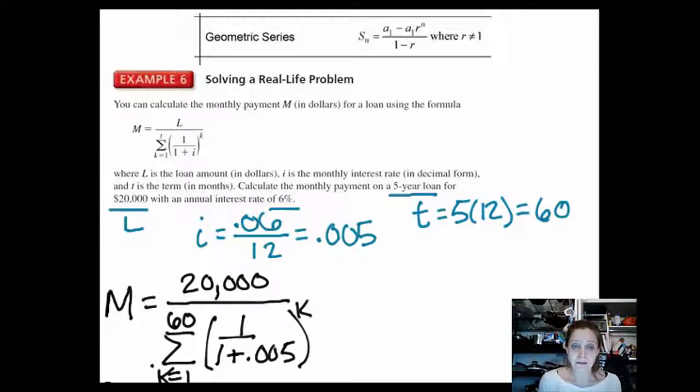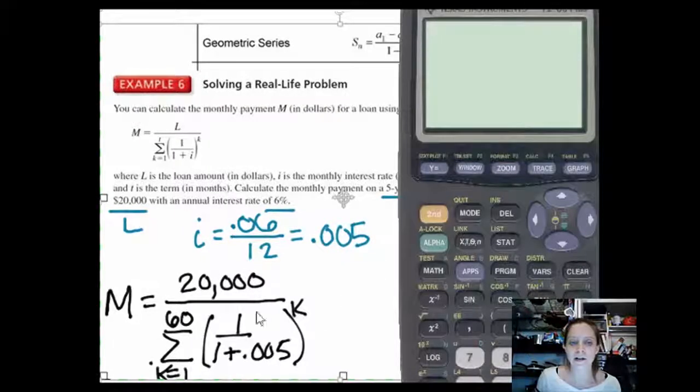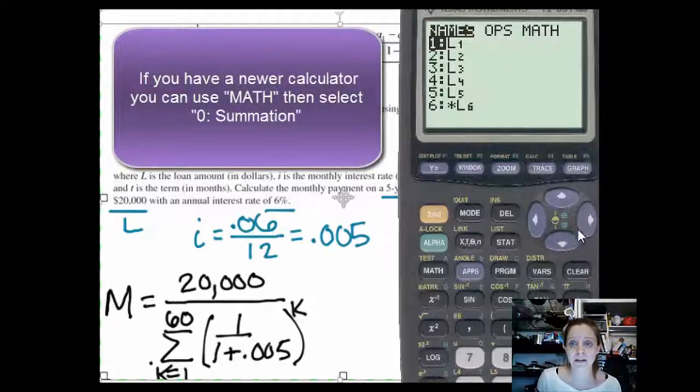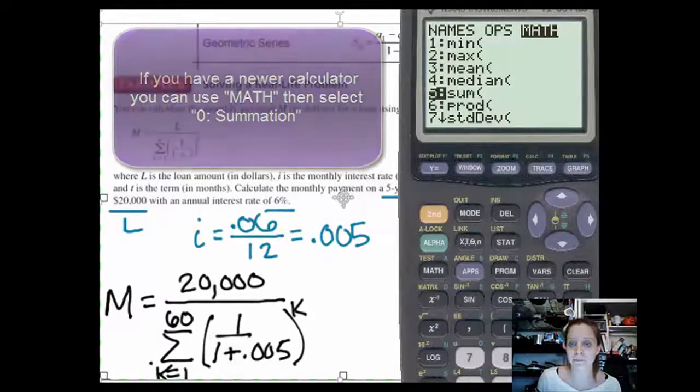And now for this summation, since it's a geometric series, I could use the formula on the top of the paper. I'm going to opt to put this in my calculator and finish solving it that way. Okay, so here I am putting the denominator in my calculator. I have an older calculator, so I'm going to go to Second, Stat, over to Math, go down to 5, which is Sum.